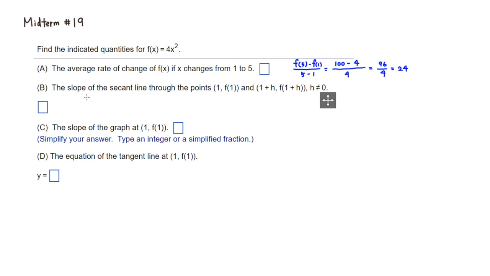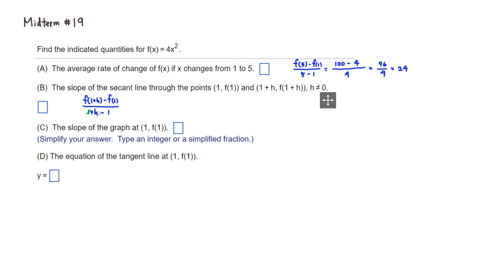So you need f of the second point, 1 plus h, minus f of the first point, 1, divided by 1 plus h minus 1. It's really the same thing as the average rate of change, except that we're going to use 1 and 1 plus h. So let's simplify that.